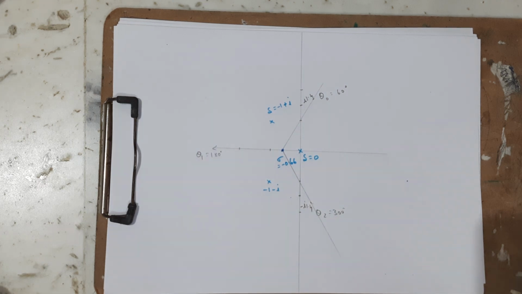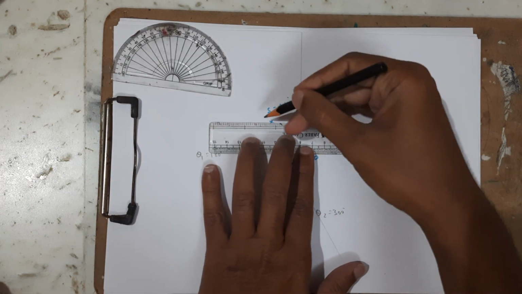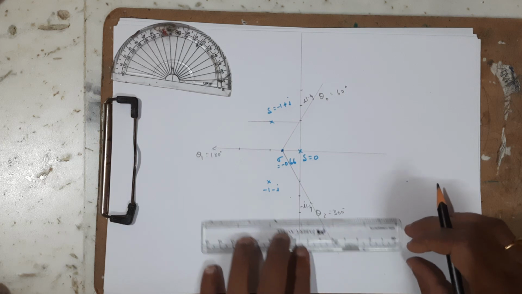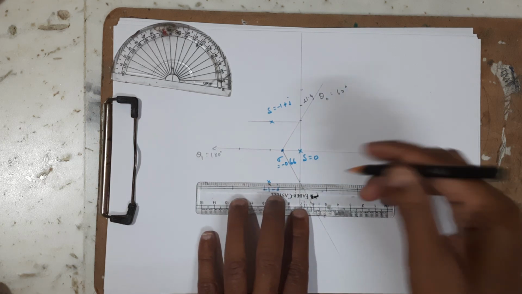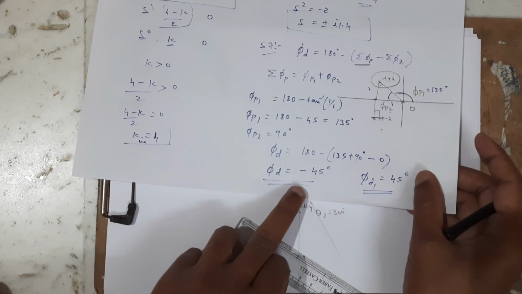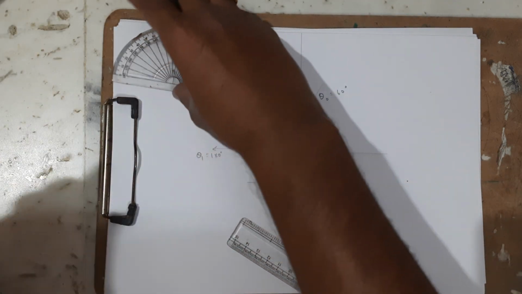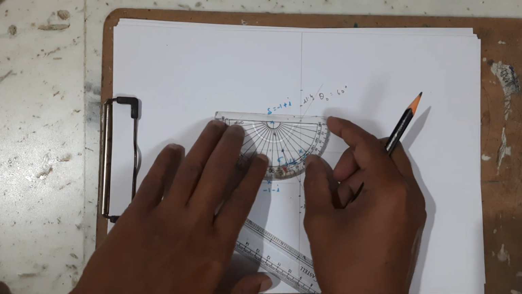Next, we have to mark the angle of departure. From here I'm just going to take the reference line like this. Here also I'm going to take the reference line. The angle of departure phi d is equal to minus 45 degrees. Minus 45 means it has to be downwards.